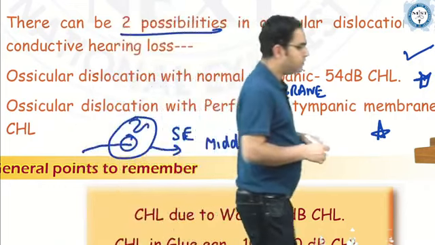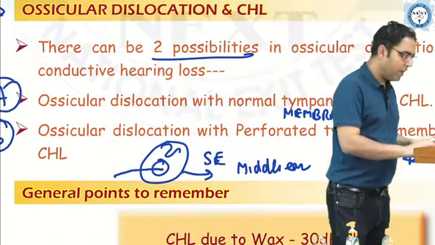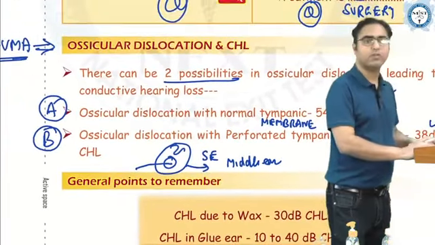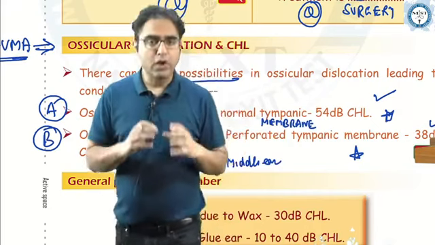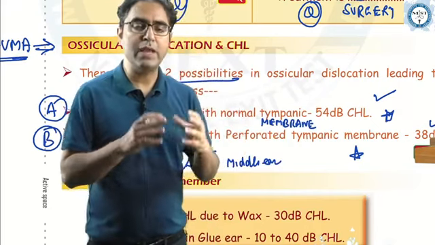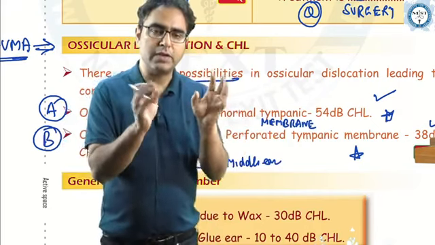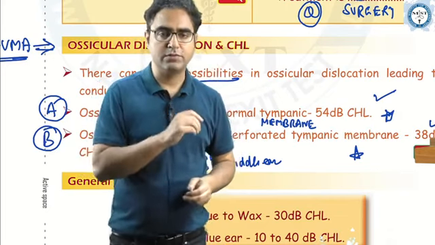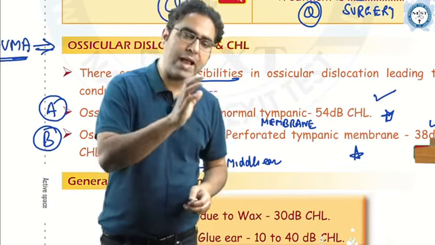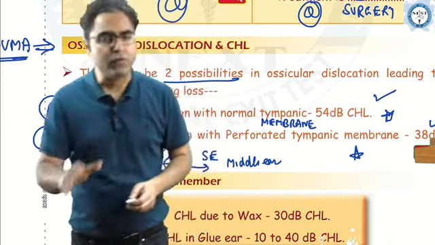Okay. Once again, let's revise, beta. Trauma can lead to ossicular dislocation, and that can cause conductive hearing loss. Now, this ossicular dislocation means malleus and incus got separated and they fall down in the middle ear. Now, this ossicular dislocation can be of two types: with tympanic membrane normal or with tympanic membrane perforation.